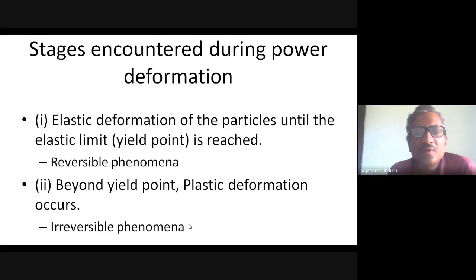Before the yield point, whatever strain you are applying onto the powder, by decreasing and holding it down and applying a compressional force from the upper punch, it is a reversible phenomenon. Because of that reversible phenomenon, you won't get any size reduction or deformation. But beyond the yield point, it converts into an irreversible phenomenon, where it behaves as a plastic material, and plastic deformation occurs.